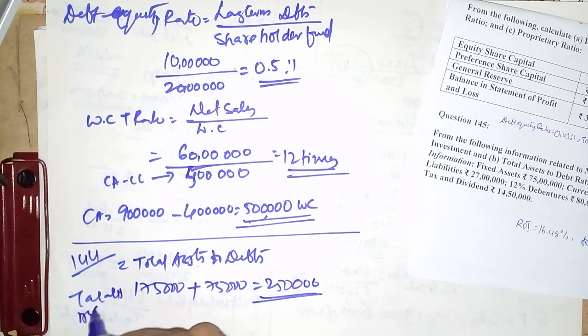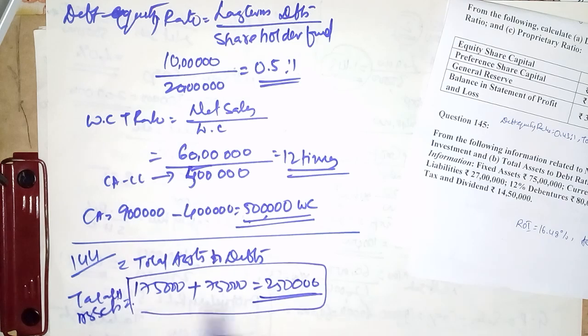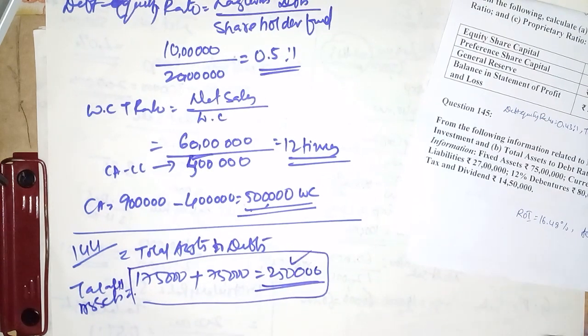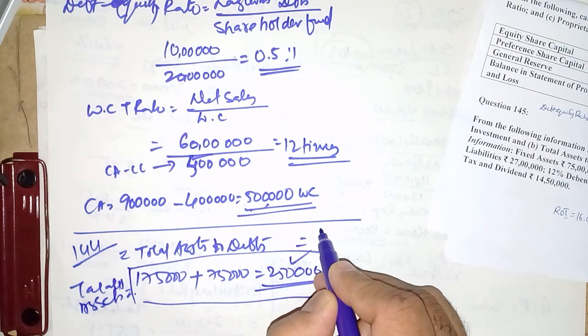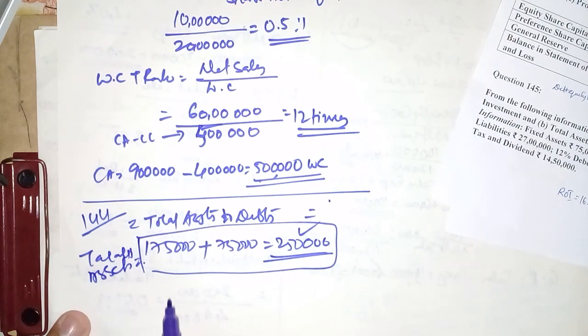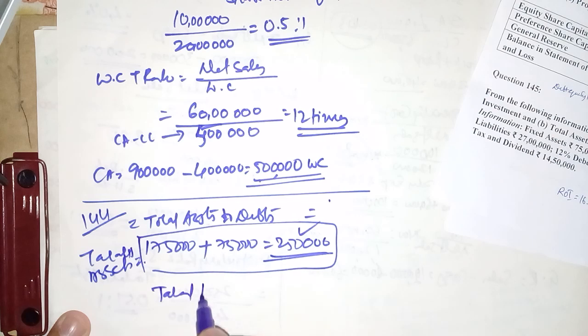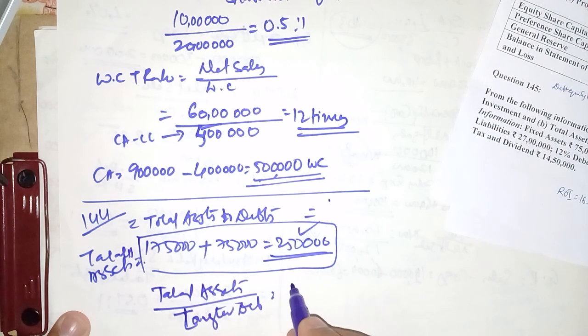Total assets is 2,50,000. Then debt is 75,000. So the formula is total assets divided by long term debt, 2,50,000 divided by 75,000.